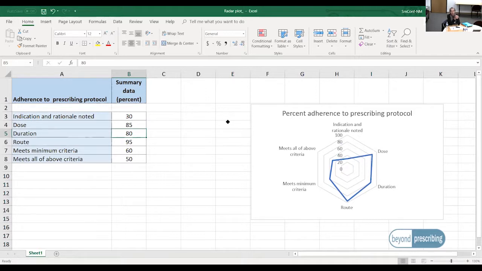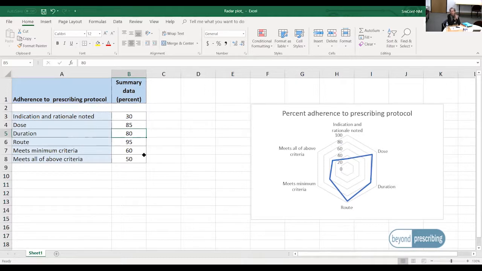You have your dose noted 85% of the time, your duration 80% of the time, your route 95% of the time, meeting minimum criteria 60% of the time. That all doesn't look so bad.